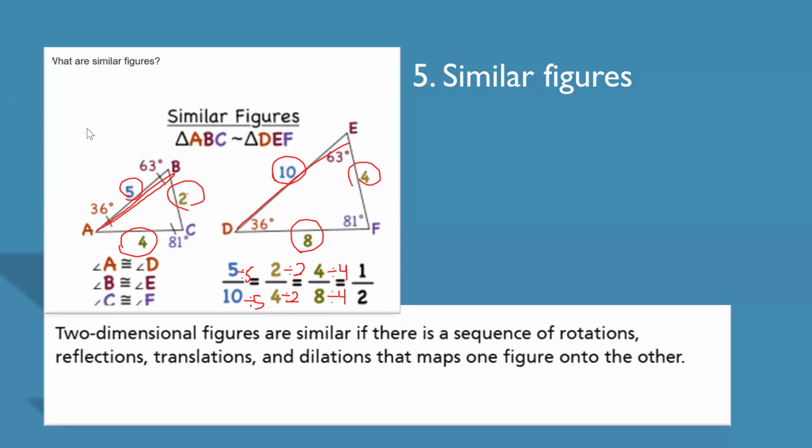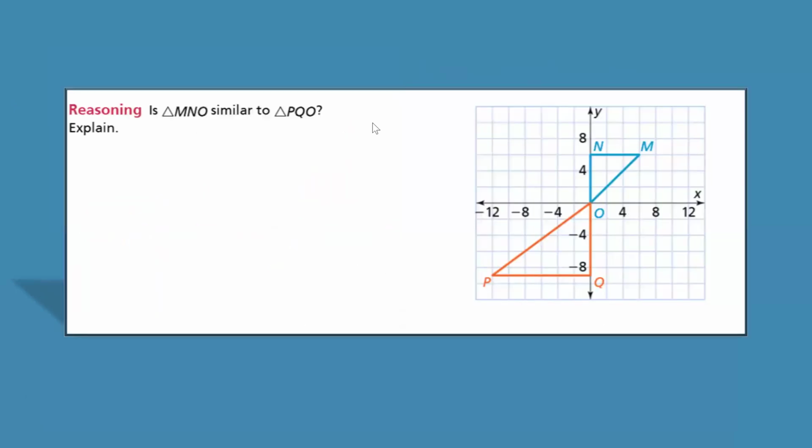Let's start the first question. Is triangle MNO similar with PQO? Let's check. It's more than enough to check 2 sides. No need for all of them. If 2 of them are equal, we can decide they are similar.